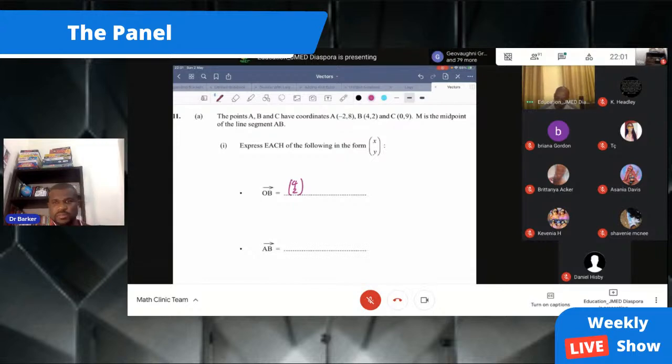Now, this is where AB is not given inside our information there. But we know that we're going to travel from A to O, and then we're going to travel from O to B as a vector. Now, when we travel that route, we have already established that the vector OA is -2, 8.